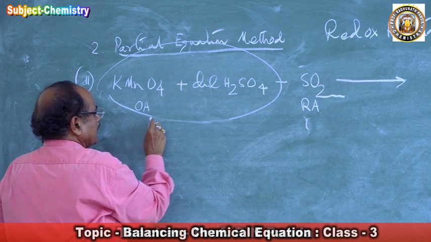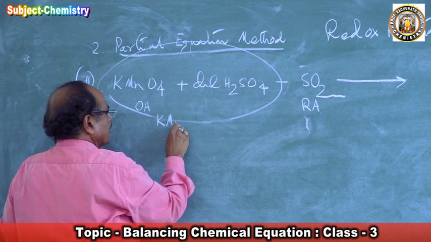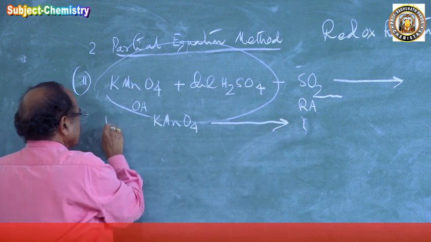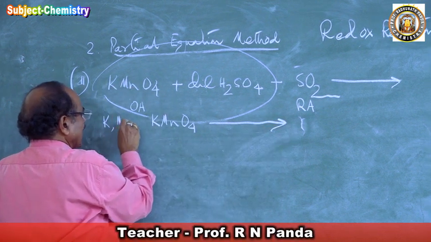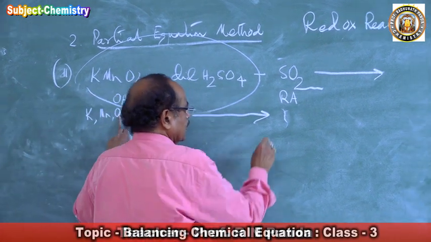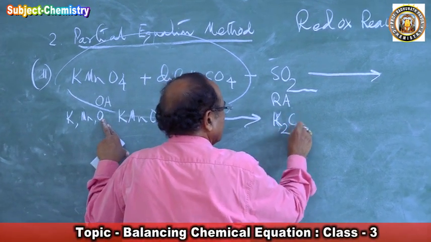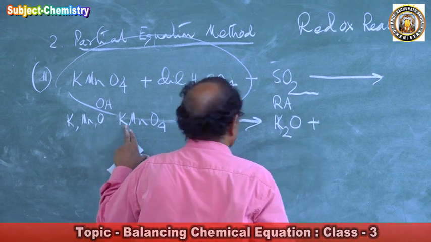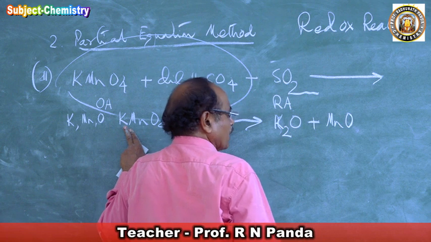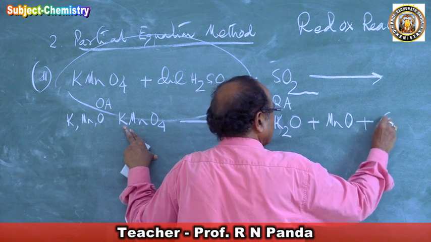So first what is happening? KMnO4, again I am repeating the same thing, KMnO4 will react. Who are the elements present? Potassium, manganese, oxygen. So potassium will react with oxygen to form potassium oxide, which is a strongly basic oxide. Manganese will react with O to form MnO, a metallic oxide, strongly basic oxide.